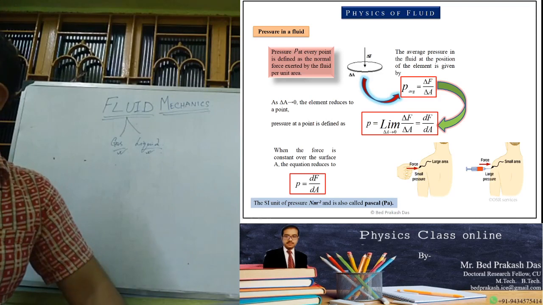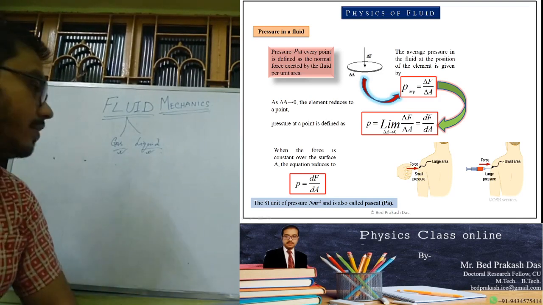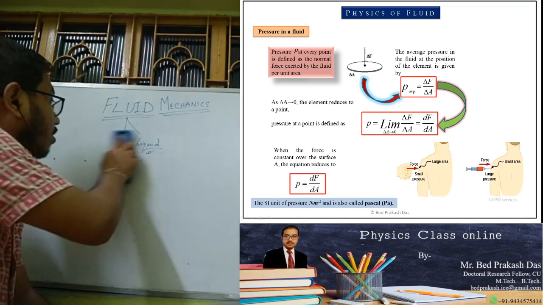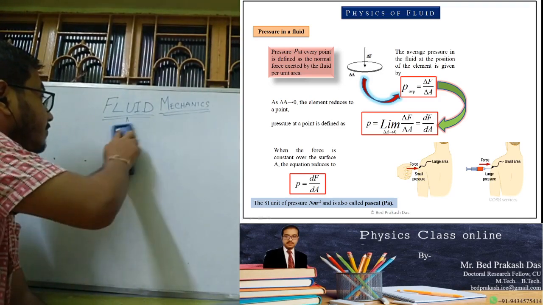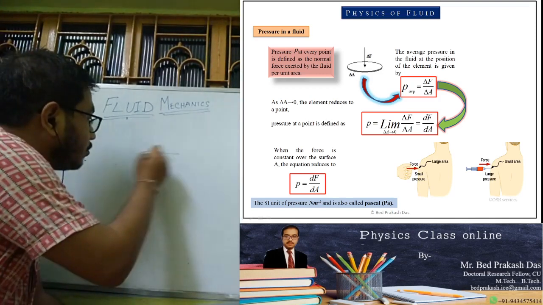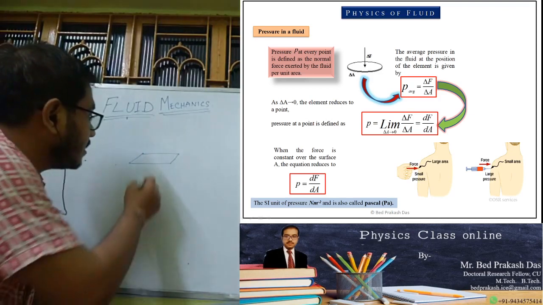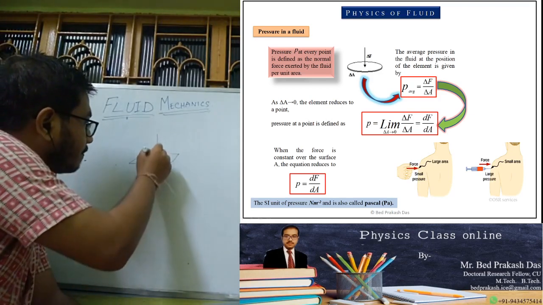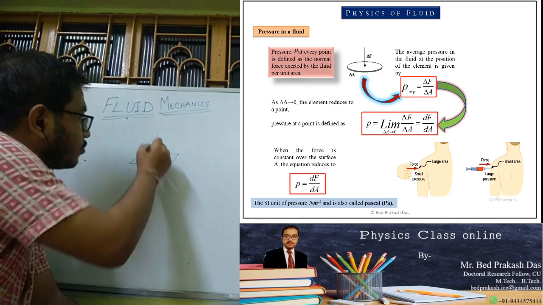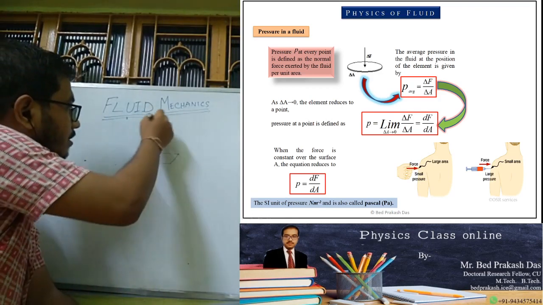Now, moving on to the first part, the pressure inside a fluid. We all know the basic definition of pressure. Suppose you consider an area like this and you apply a force, say F. We know force is a vector quantity.